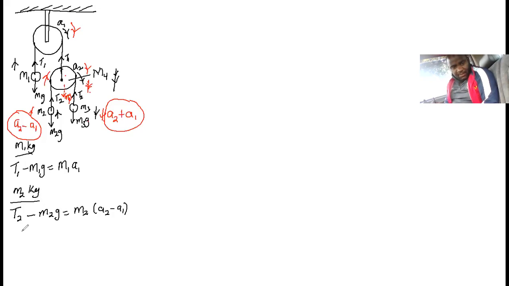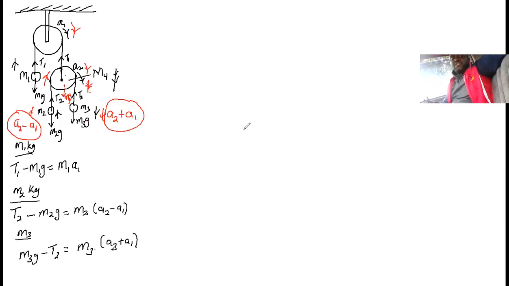Then when you come to M3, because it is going down, it is M3, the weight, that is overcoming tension T2 to give us M3 times A3 plus A1.